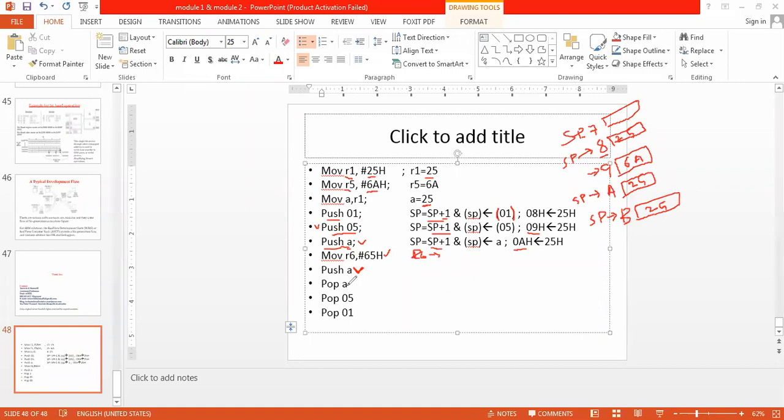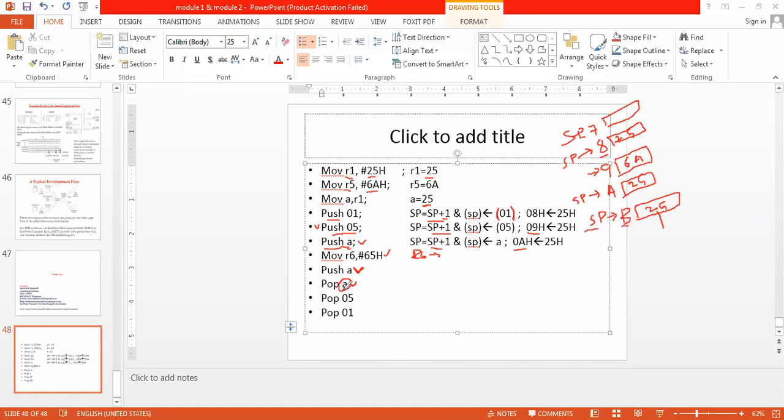Now what is happening? Pop A. Pop means the vice versa. First take the value outside into the register A. It is taking back the data from the stack memory into the register. SP is pointing to 0BH now.